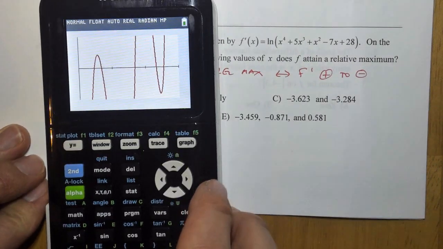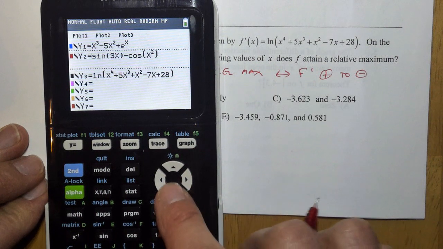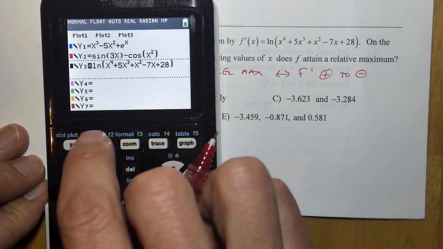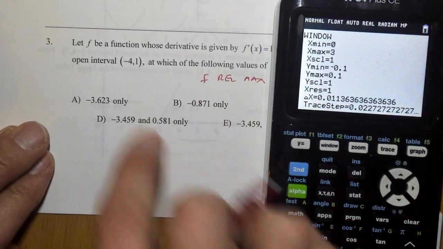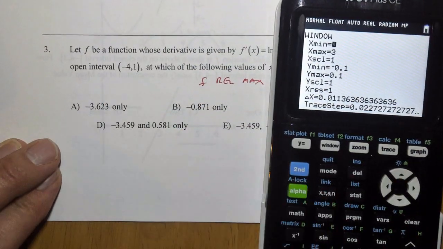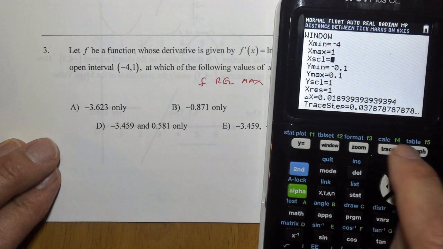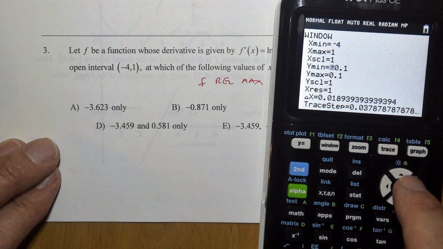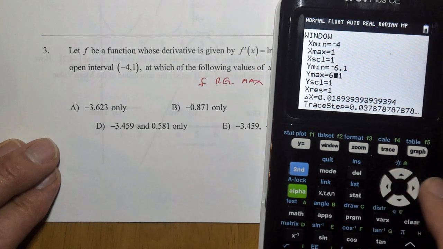So we're going to go back to the graphing calculator. Y equals. Turn off the second function, turn on the third function, hit the window button. I'm interested in the interval from -4 to 1. All right, now that I've got that down, I can get this back to like -6.1 and 6.1.